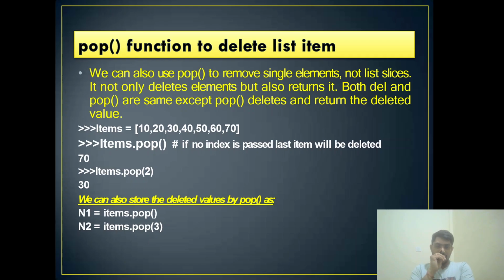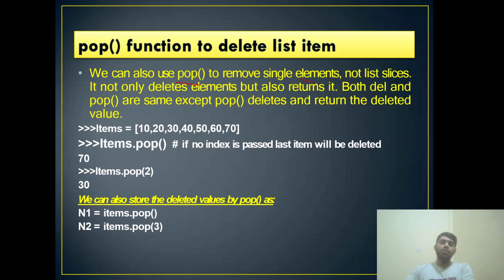Pop function. What is the use of the pop function? We can also use pop to remove a single element, but not list slices. We cannot delete list slices with it. We can only use pop to remove single elements. Clear?